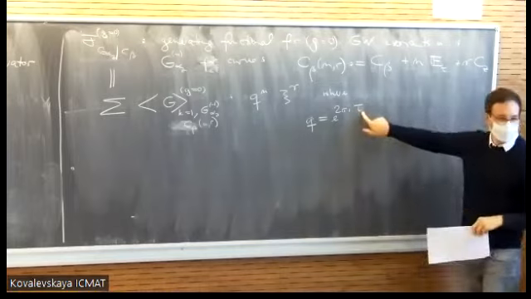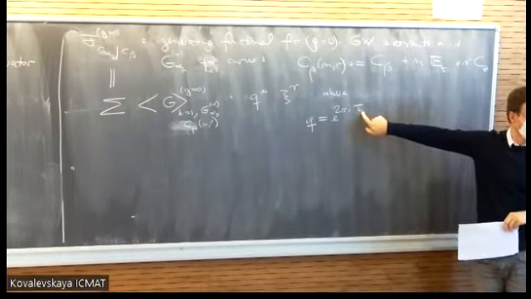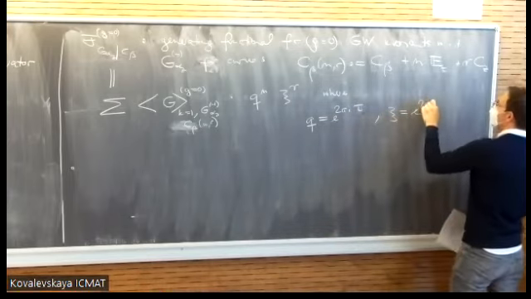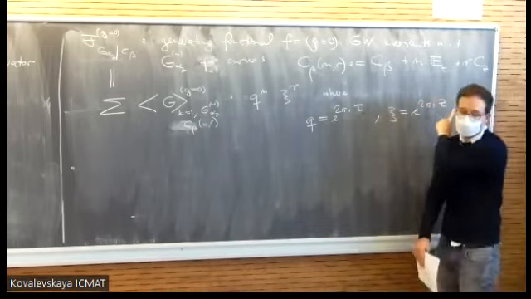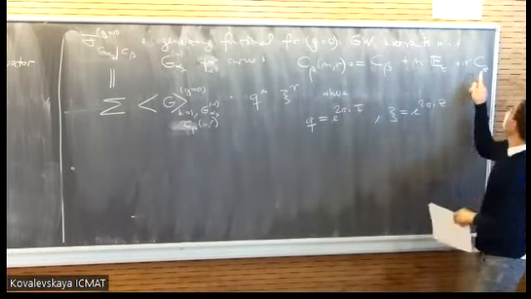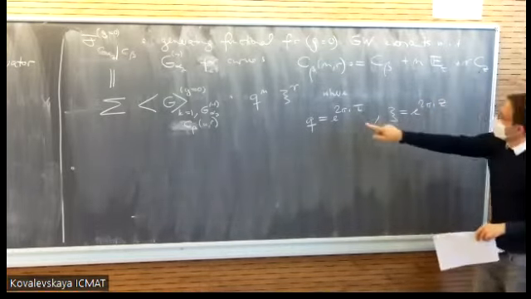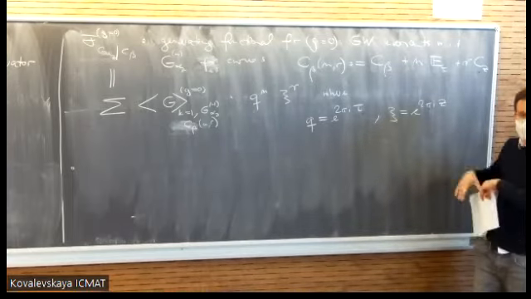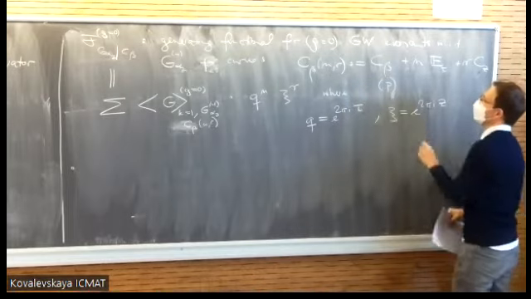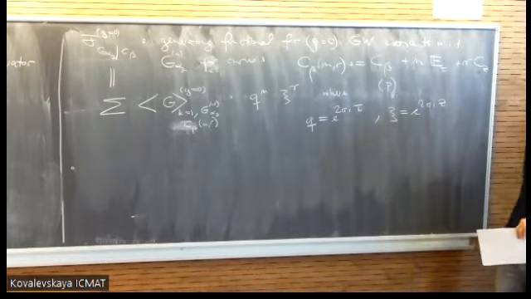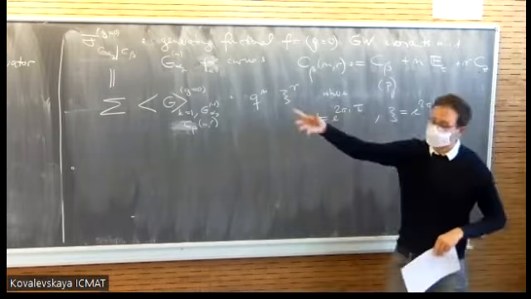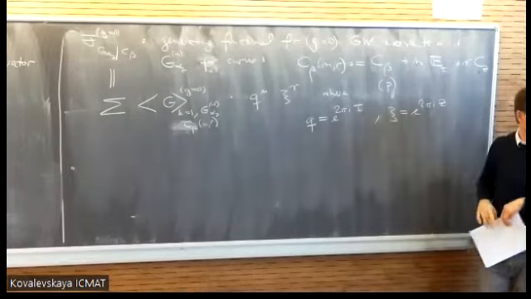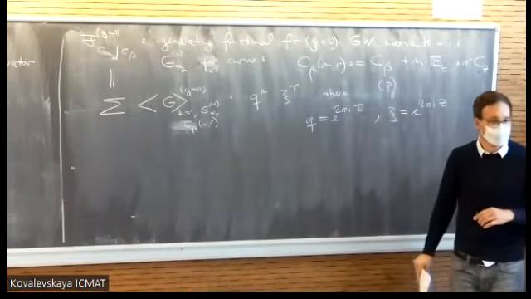Tau, recall, was the scalar modulus associated with the fiber. And psi is e to the 2 pi i z, and z was the scalar modulus associated with the curve that appears here. Yesterday, in your lecture, this was called P. He wrote it as an intersection of certain divisors with the curve. That's exactly what appears. And Borisov and Weber call it Y.